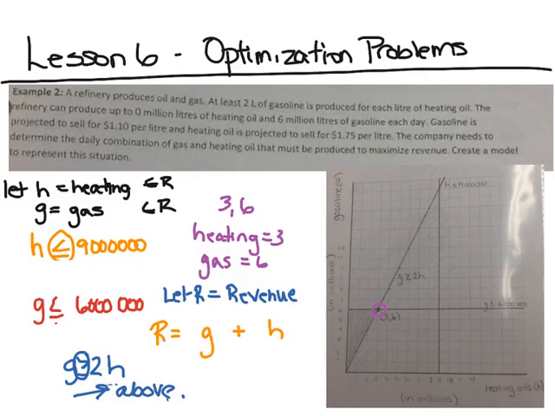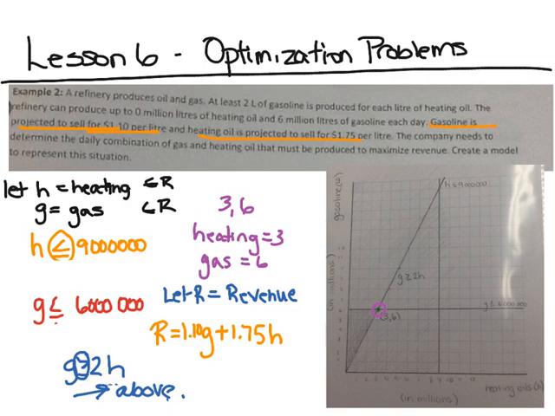Sorry, I had gas is 1.10. Oh my goodness. I took all of this off and I couldn't see it anymore. So gas is 1.10 and heating oil is 1.75. So we have 1.10 times the gas.